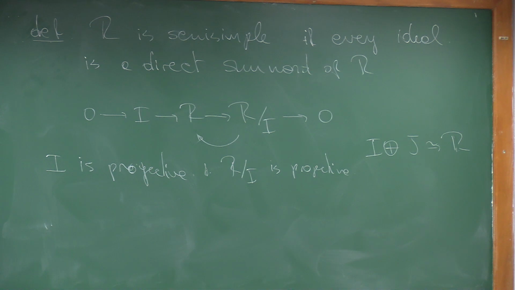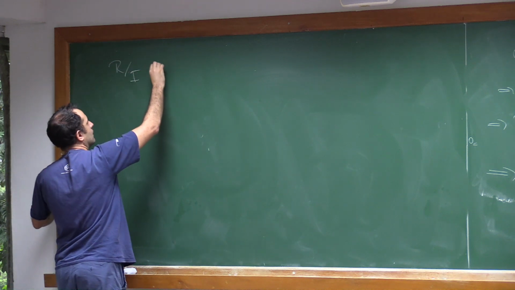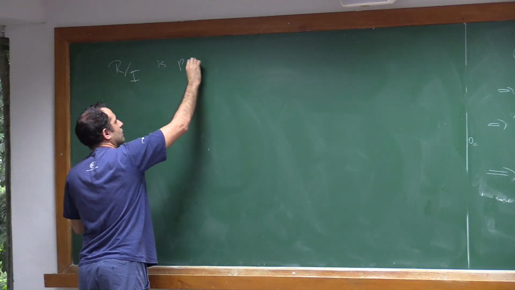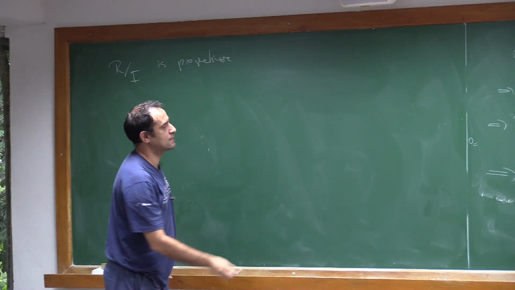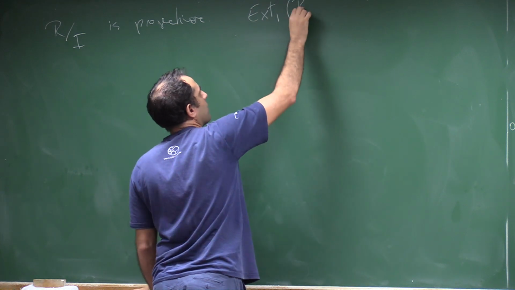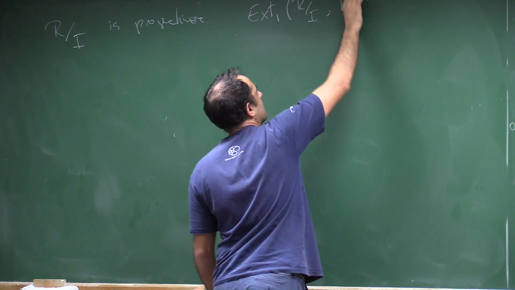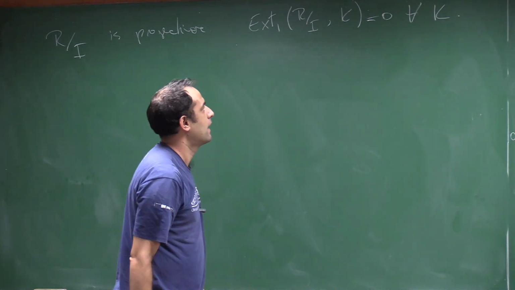But if R mod I is projective for any ideal, this implies that Ext^1(R mod I, k) is 0 for every k and every ideal.